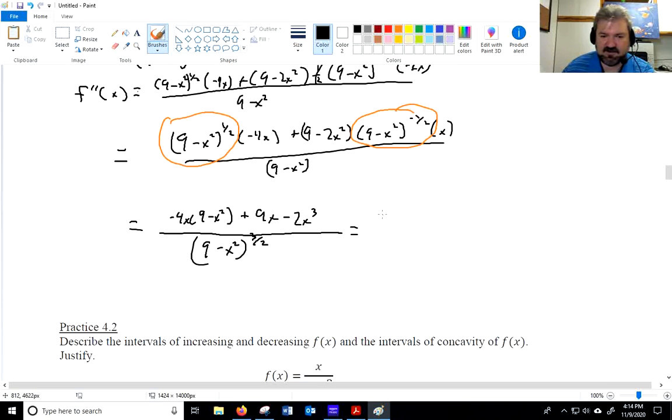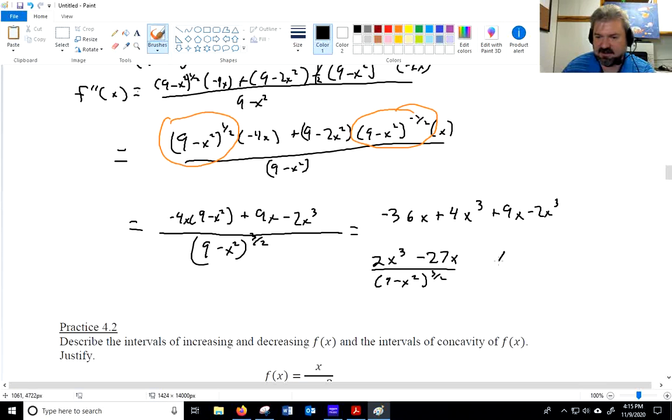All right, so this numerator finally becomes a negative 36x plus 4x cubed plus 9x minus 2x cubed, which is 2x cubed minus 27x, all over (9 minus x squared) to the 3 halves.